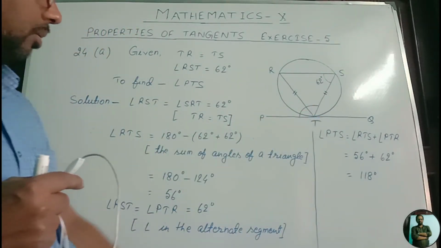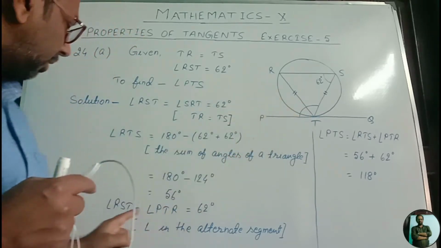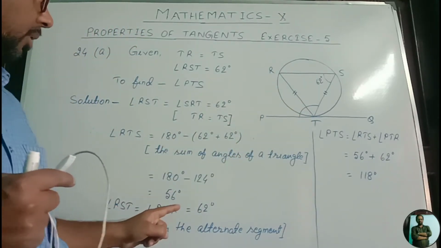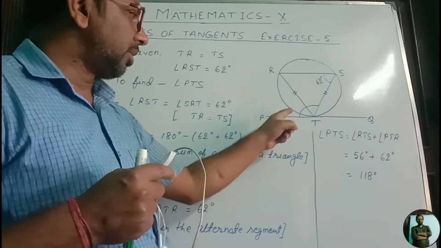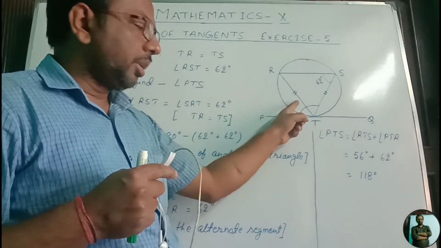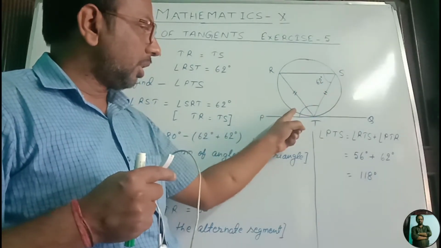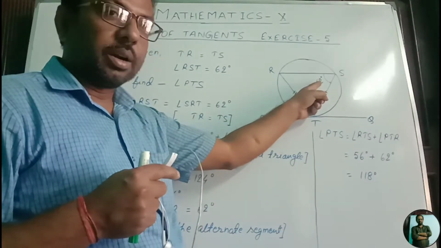Now we are going to find this angle PTR. Angle PTR is equal to angle RST, because angle between the tangent and the chord is equal to angle in the alternate segment. For this angle, this is the angle in the alternate segment.